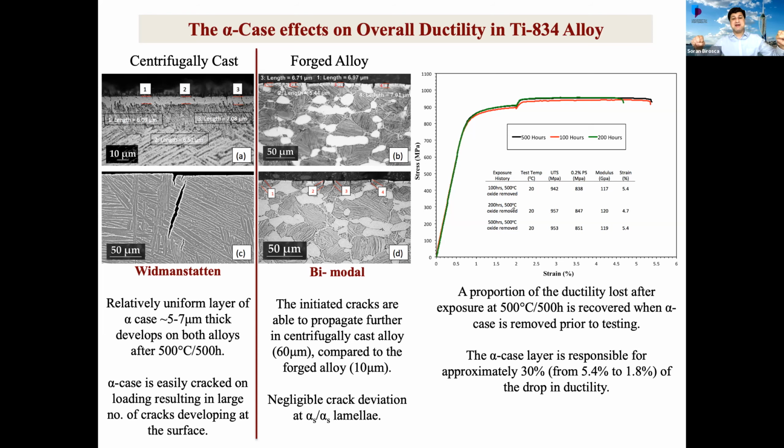So we removed that layer to see its effect, and we exposed it to 500 again with the oxide layer and alpha case removed, and we tested under the same condition. And we realized there is actually a proportion of ductility lost after exposure. That means the alpha case layer was responsible for about 5% reduced to 1%. So approximately 30% of the reduction was because of the alpha case.